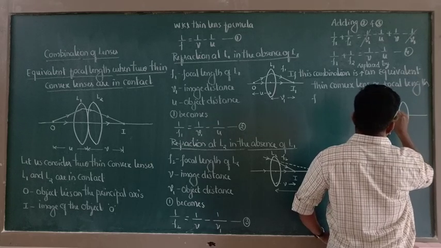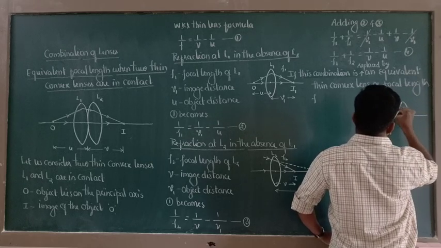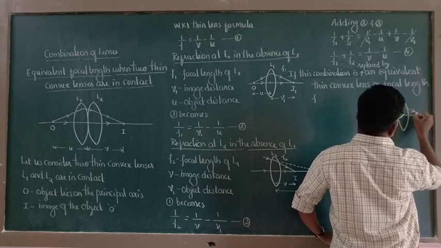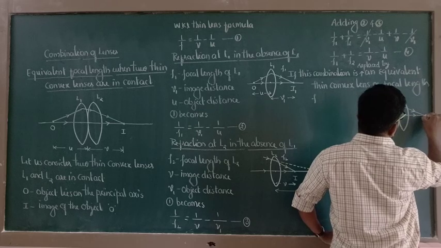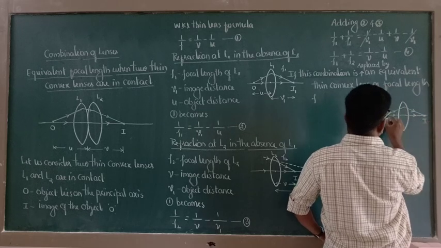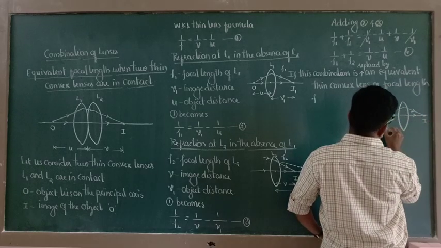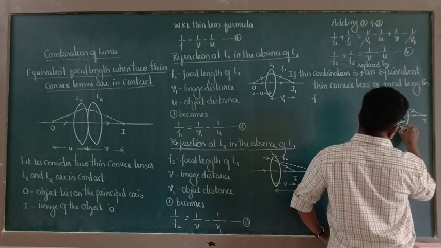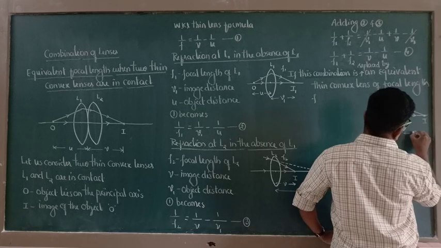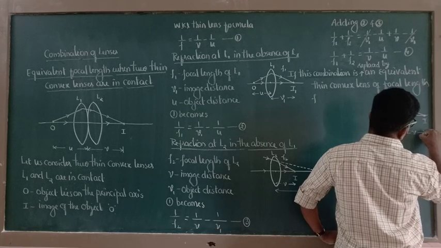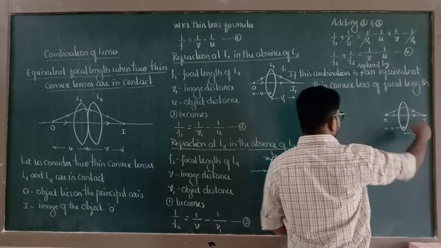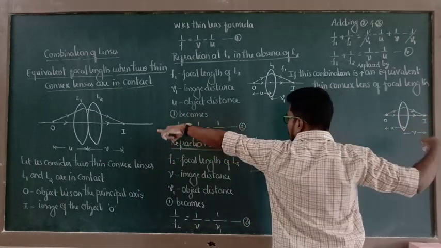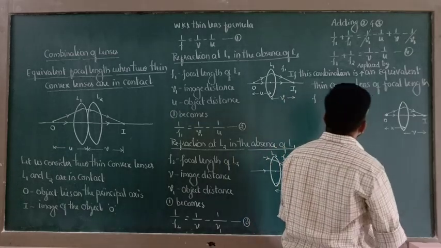Object O, incident light rays, refracted light rays, direction. This is the final image. Object distance, image distance. It produces the image at the same position as if produced by the combination of lenses.